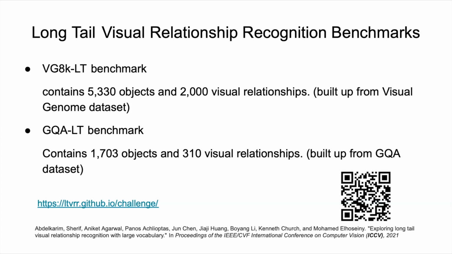It is built up from the Visual Genome dataset. GQA LT contains 1,700 different objects and 310 unique visual relationships. It is built up from the GQA dataset. If you want to know more details about these two benchmarks, you can scan this QR code.